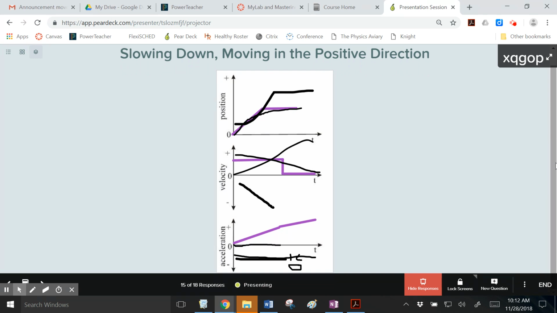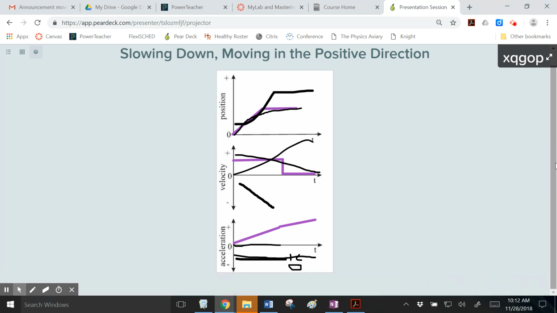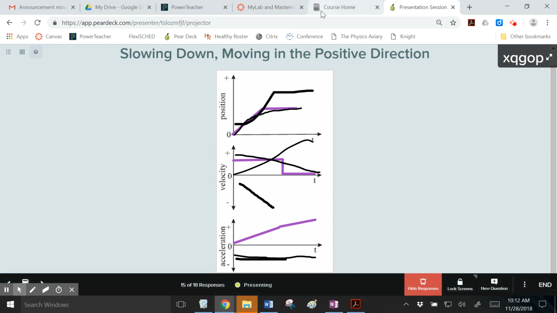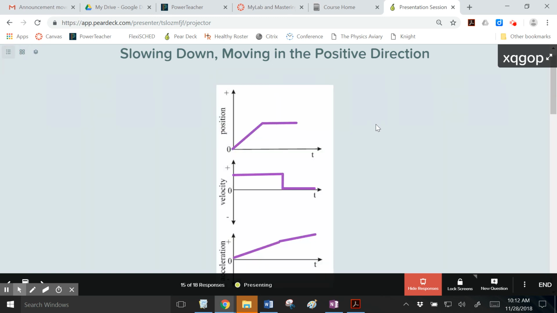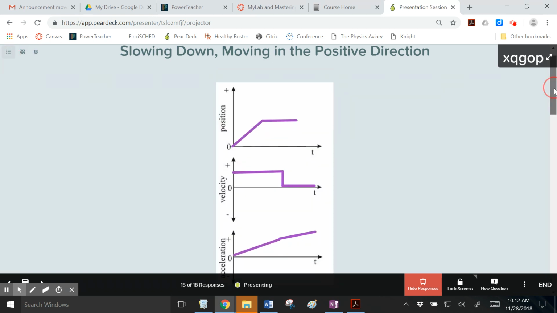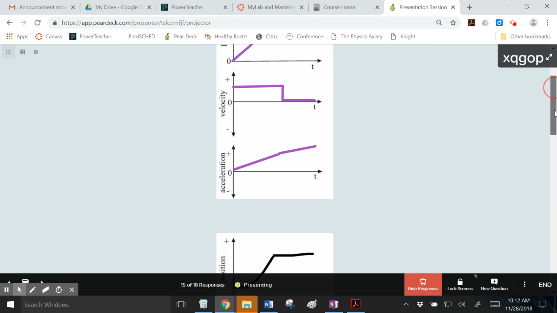Okay. So generally speaking, it looks like there's some agreement on the position versus time graph that it should go from close to zero to farther from zero. But how it does that, look at some of the different options we've got here. Actually, it's probably better if I do this. So here, I would class that as a straight diagonal line.